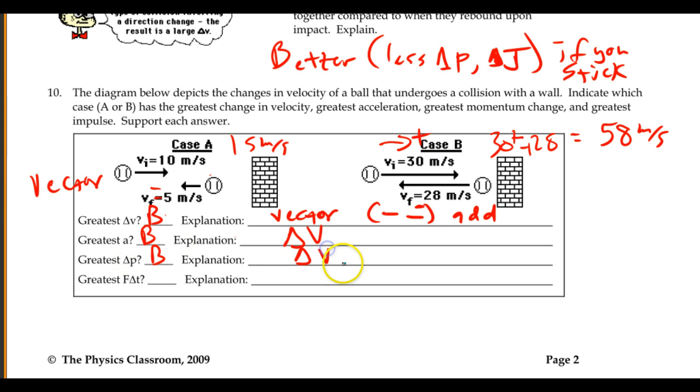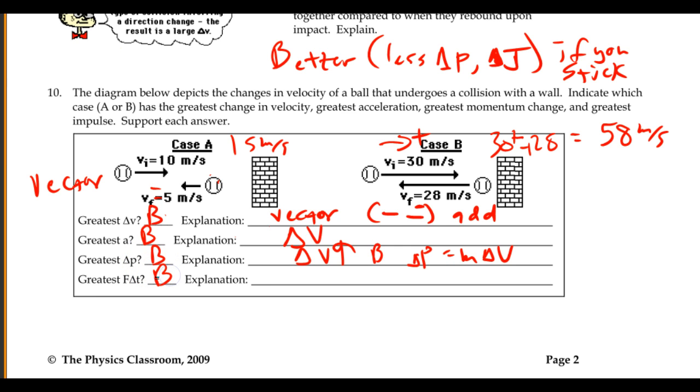Okay, delta V again is much larger in section B, and change of momentum is mass times delta V. Again, they both are the same type of ball. They have the same type of mass. Then the greatest F delta T. F delta T is impulse. Again, impulse is equal to the change of momentum.